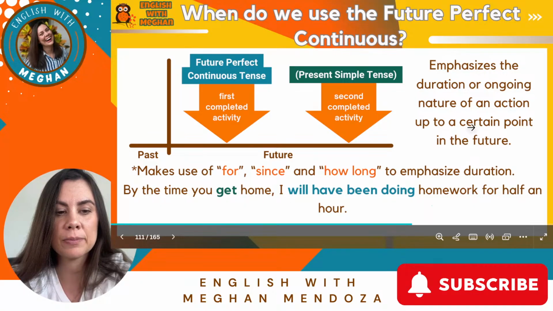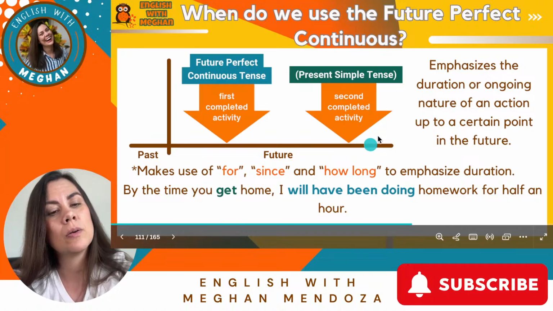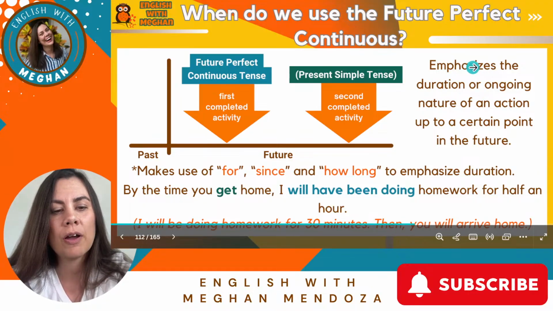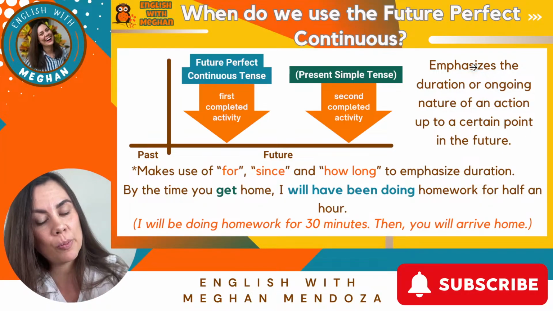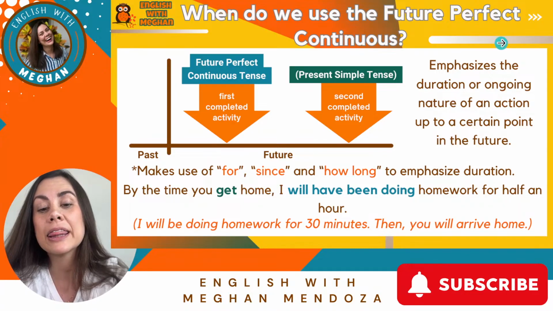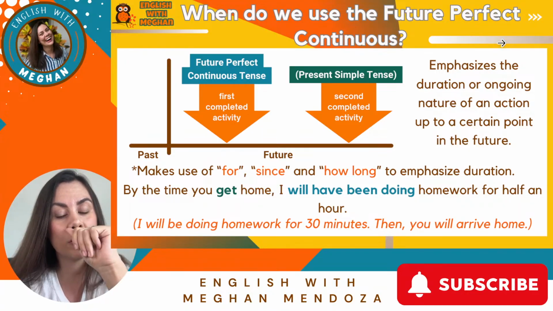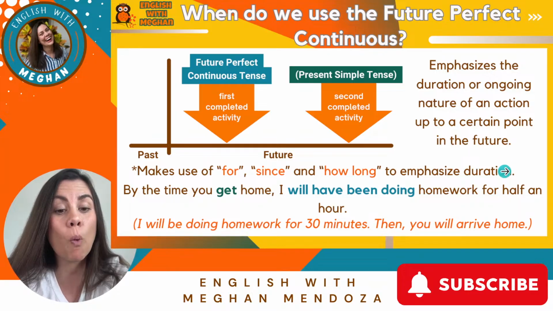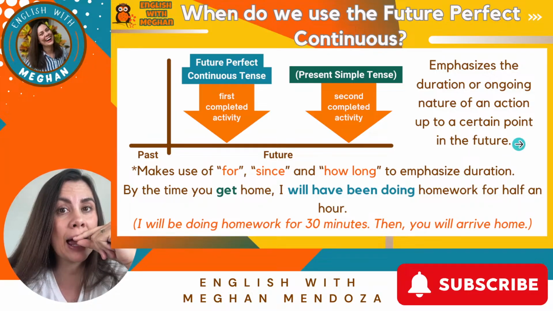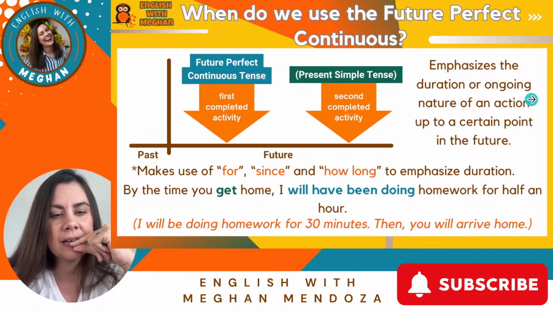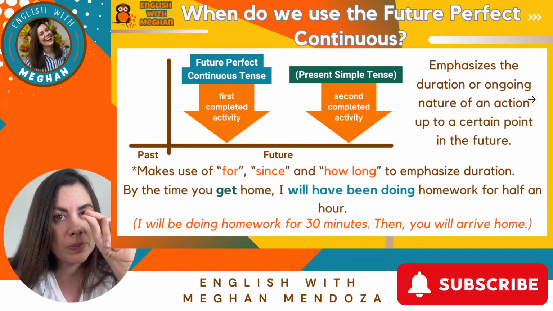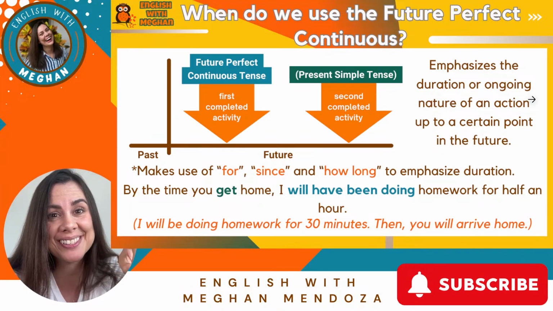And then the second part will be you get home. So first, I will be doing homework for 30 minutes. Then you will arrive home. And we're emphasizing the duration here. All right, be ready for this because there will be a difficult quiz soon and then a past participle challenge.